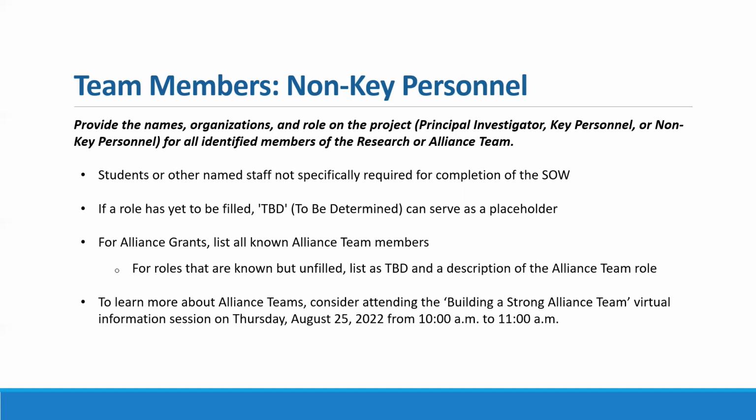It's a little less essential for completion of the scope of work. Often these roles may not have been filled yet when you are completing your proposal application. In cases like that, it is absolutely appropriate to just put TBD as a placeholder.